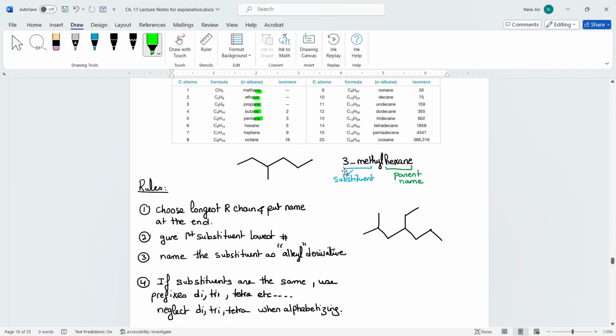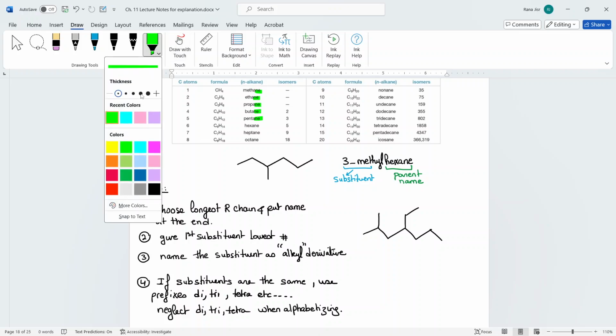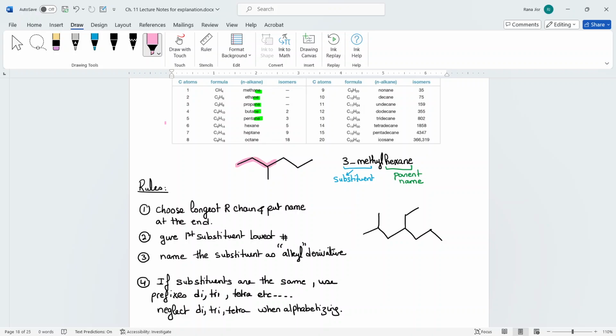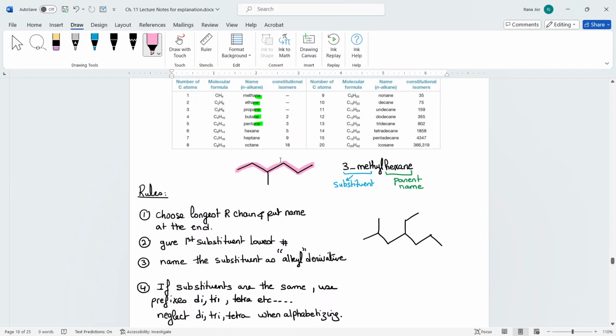To name it, first of all, you need to know where your substituents are and where your parent chain is. The parent chain is basically the longest carbon chain. You choose the longest carbon chain possible, and that is going to be the parent chain. The parent chain normally goes at the end.